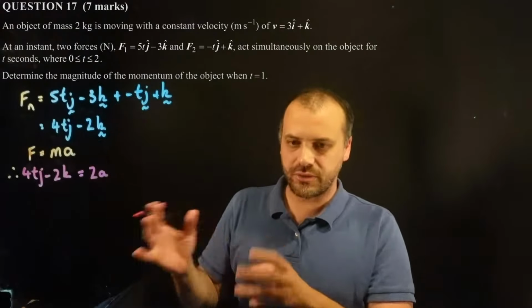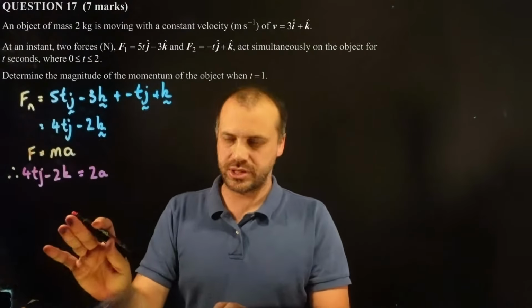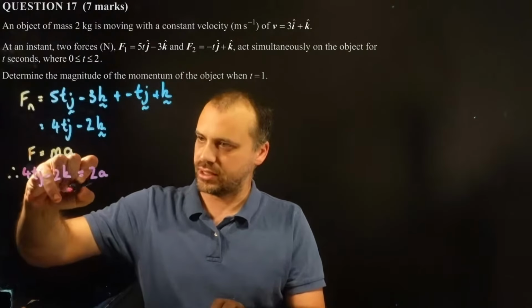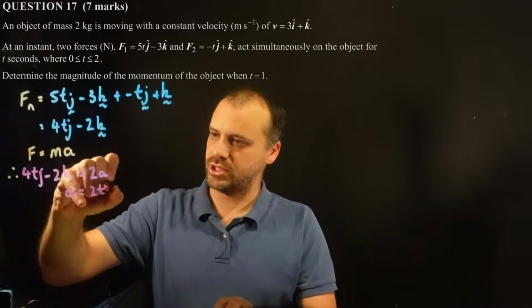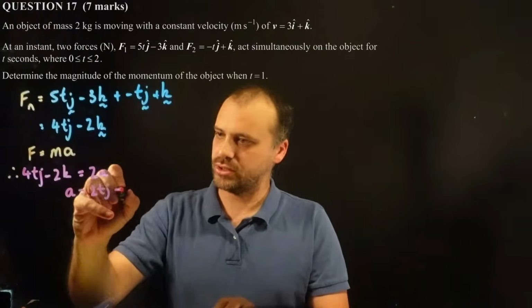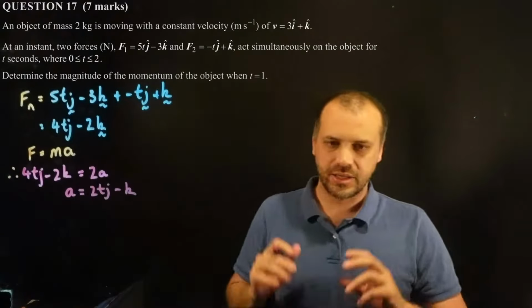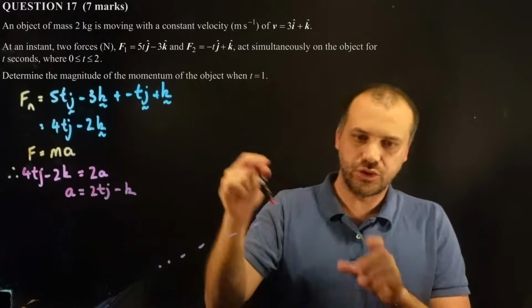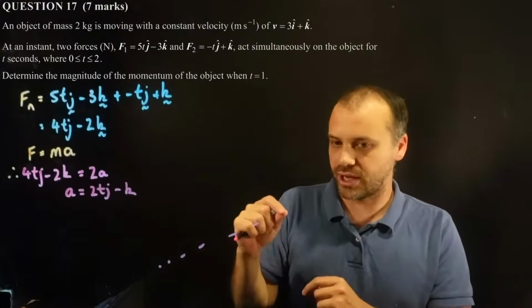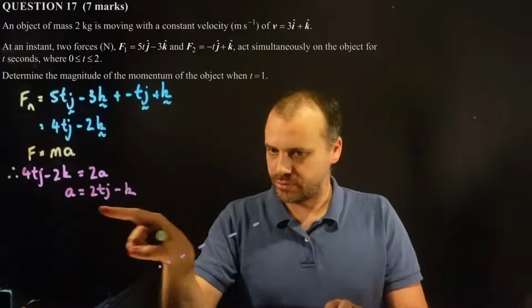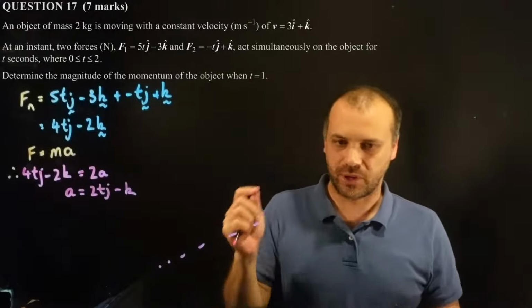And I can rearrange that a little bit, dividing both sides by 2. And I can say that acceleration is equal to 4tj divided by 2, which is 2tj, and negative 2k divided by 2, which is negative k. So my object was moving, two forces act upon it, and the object was accelerated with this, 2tj minus k.